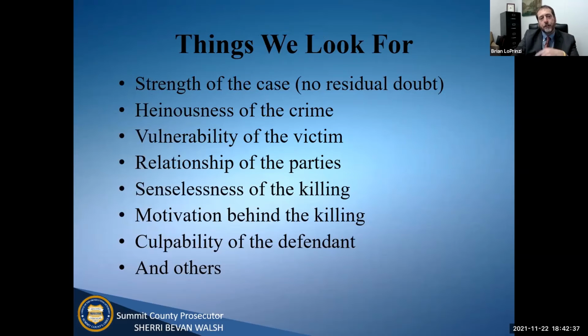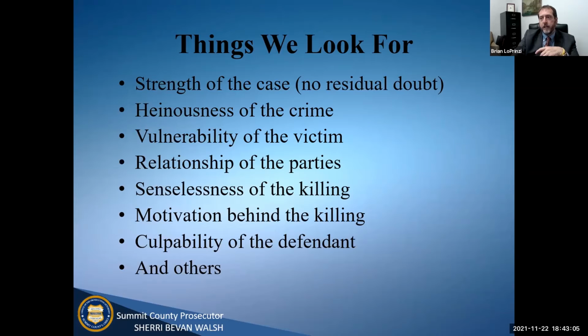And so that's why usually it's a very, very strong case against a defendant in a death penalty case, which is why they rarely get found not guilty. That doesn't mean that they get found guilty of, or sentenced to death, but they are very rarely not found guilty. So we look at the heinousness of the crime.